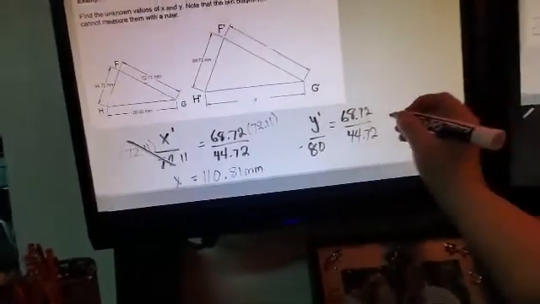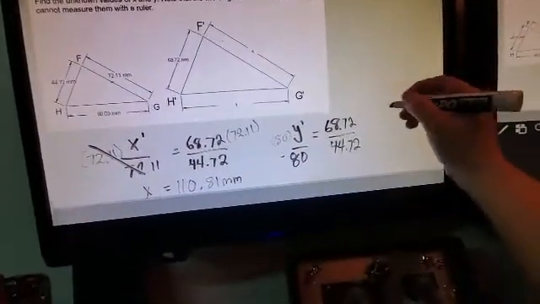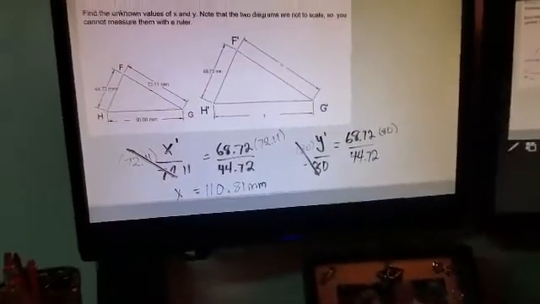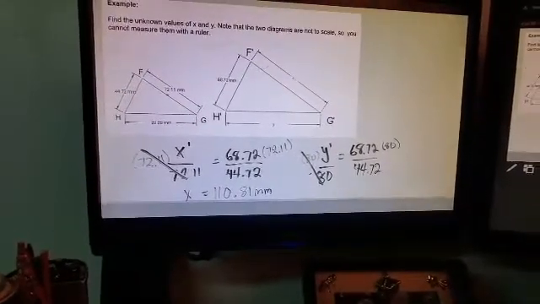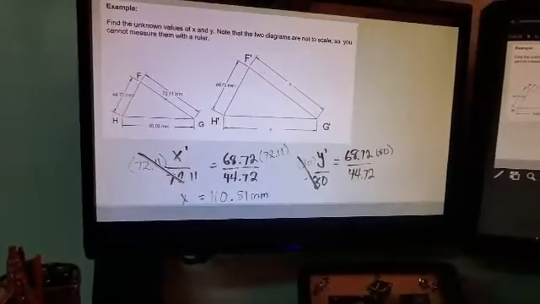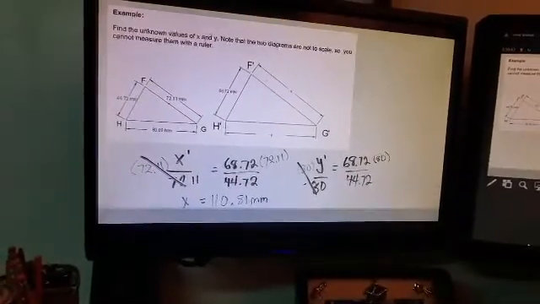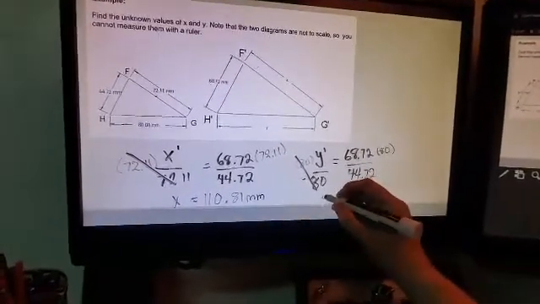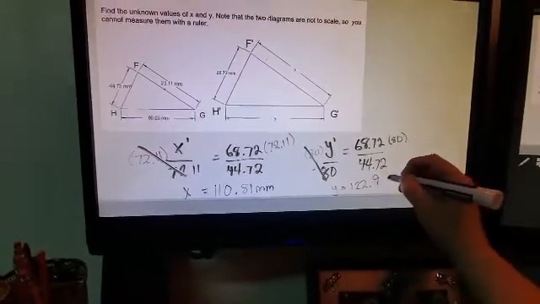So now we're going to multiply both sides by 80. That will cancel. And we are left with 122.93.